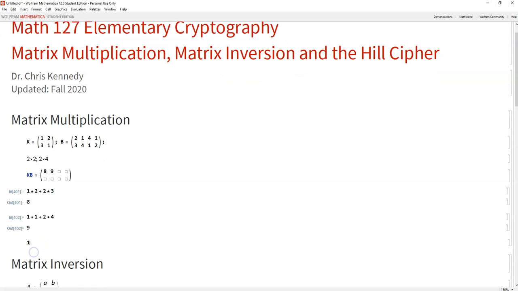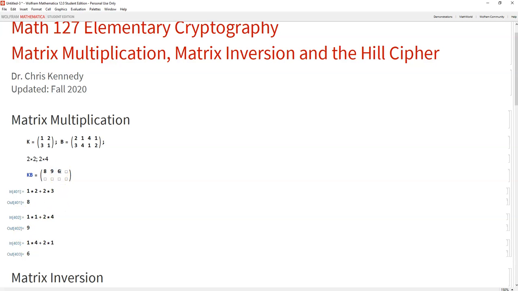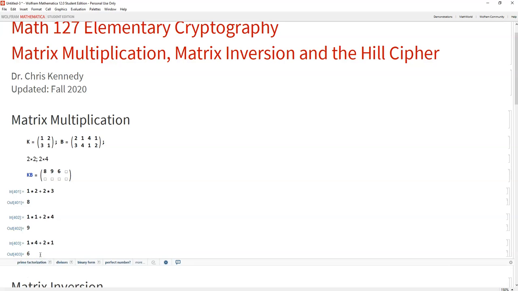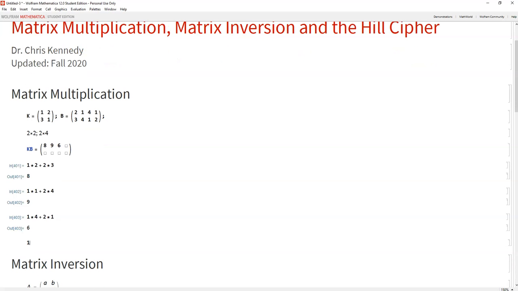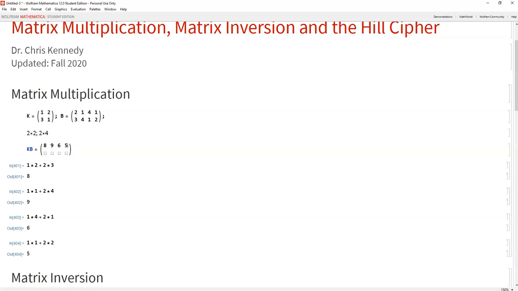I take 1 times 4 plus 2 times 1, and I get 6. And then finally 1 times 1 plus 2 times 2, which will be 5. That gets me the first row of my product.